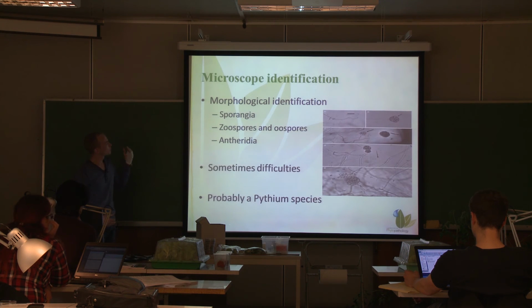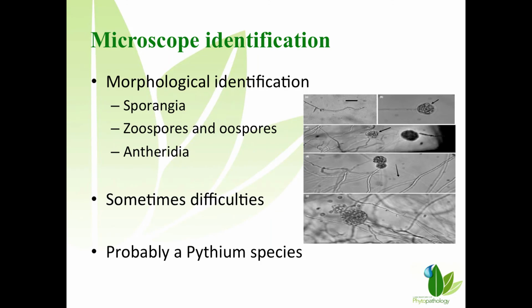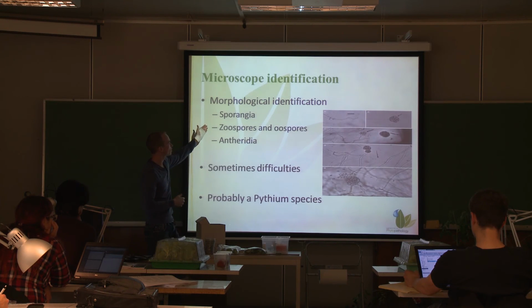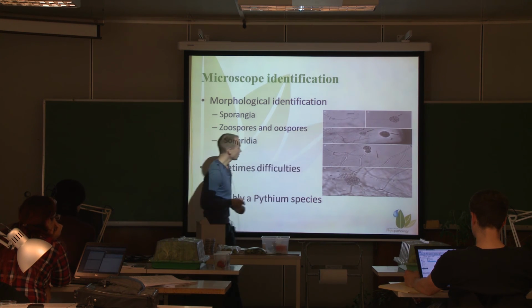So for a microscope identification, you are going to observe different morphological criteria. Like for Pythium, you will see sporangia, zoospore, and oospore, and antheridia, for example. Here you have a picture.